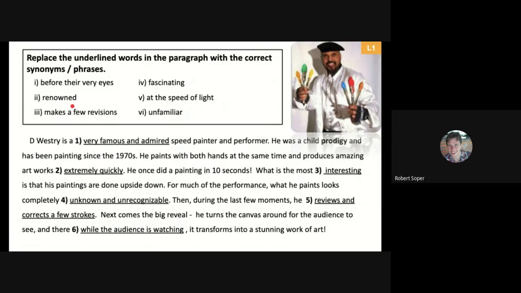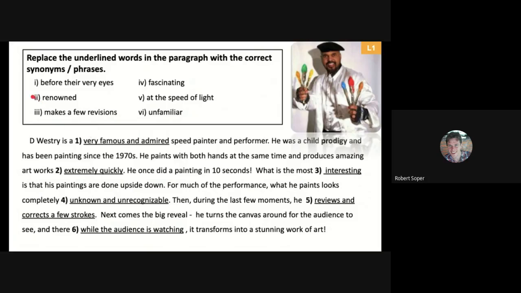Good. Hopefully you noticed that the correct word here is renowned. So instead of writing Dee Westry is a very famous and admired speed painter and performer, you could write Dee Westry is a renowned speed painter and performer. That's because renowned and very famous and admired mean the same thing.